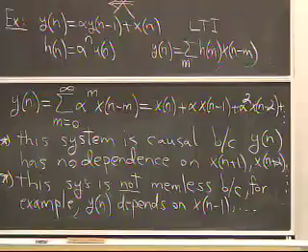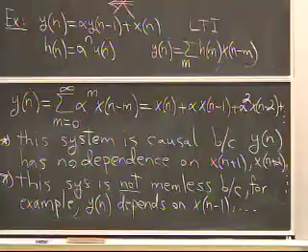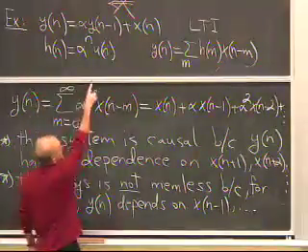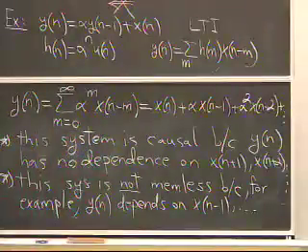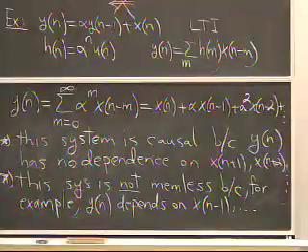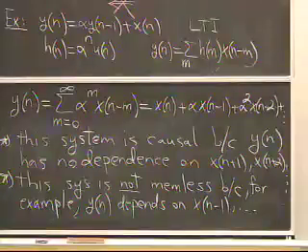So this is an example of a system that is causal but not memoryless. And that's why I have that red backward arrow with a cross sign on it. So although every memoryless system is causal, not every causal system is memoryless.